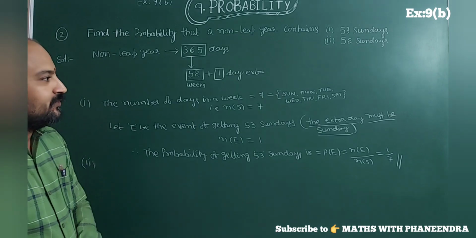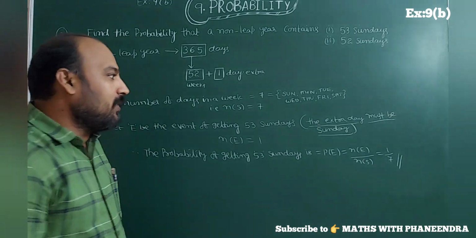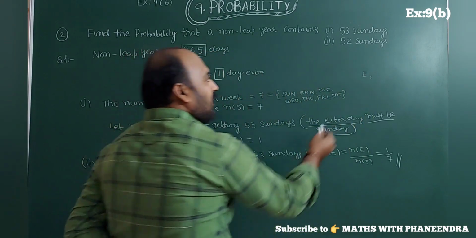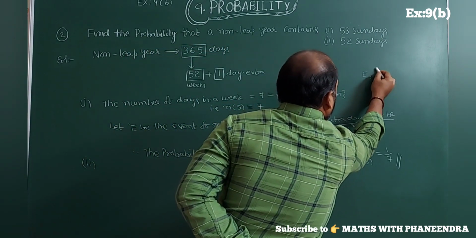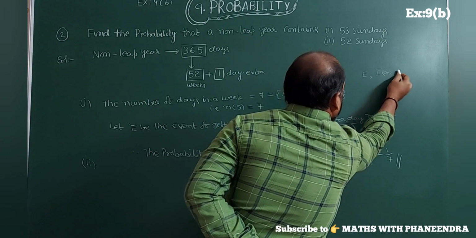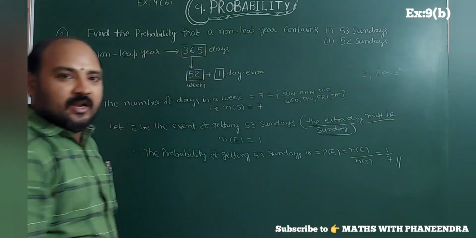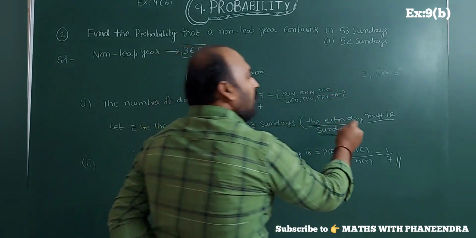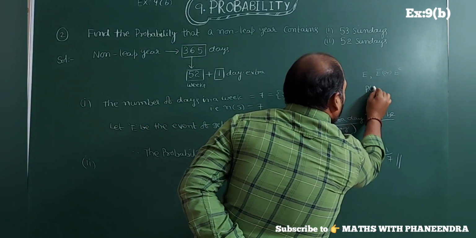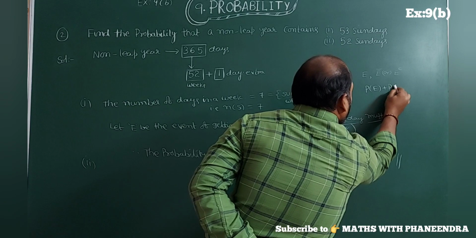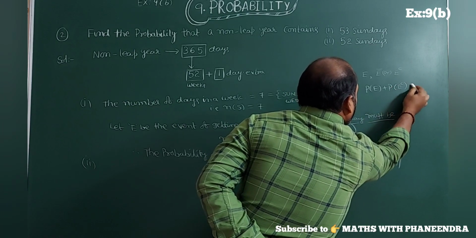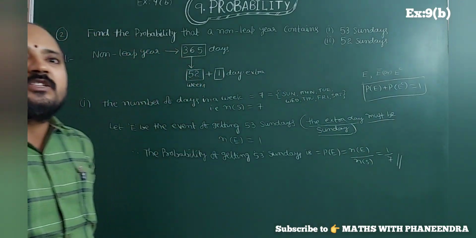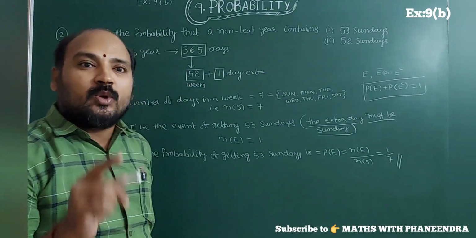The relation between event and complementary event: the event is denoted by E and the complementary event is denoted by E bar or E power C, that means E complement. The relation between E and E complement: P of E plus P of E complement, or E bar, is always equal to 1.